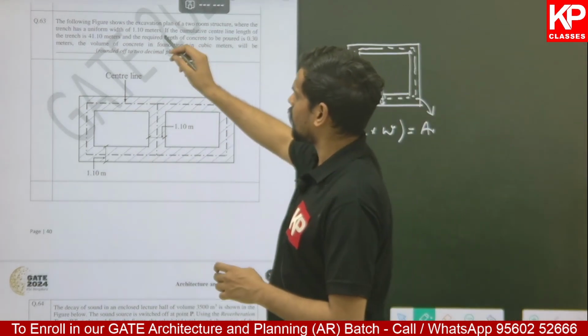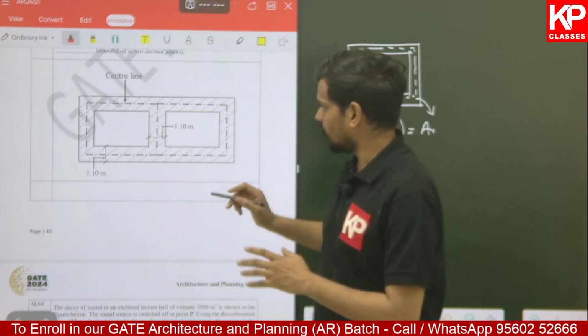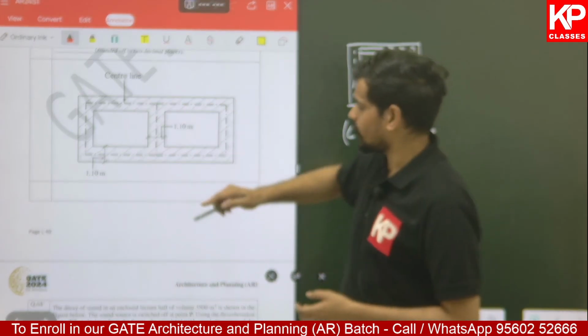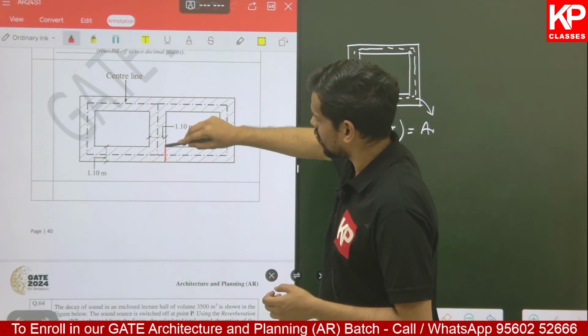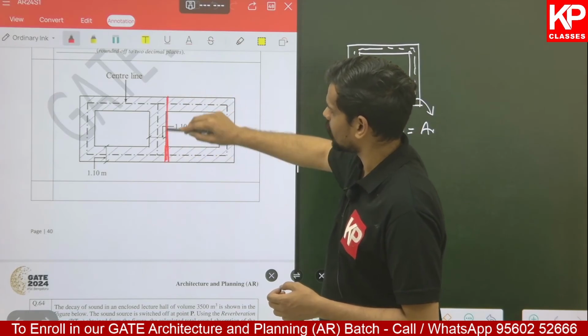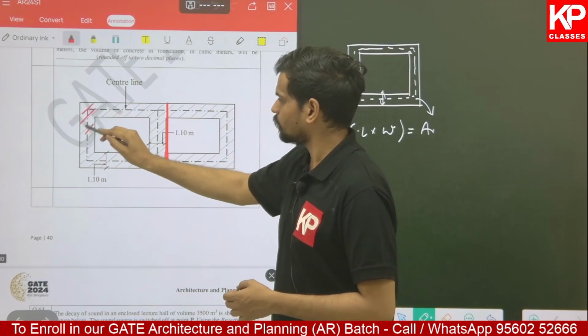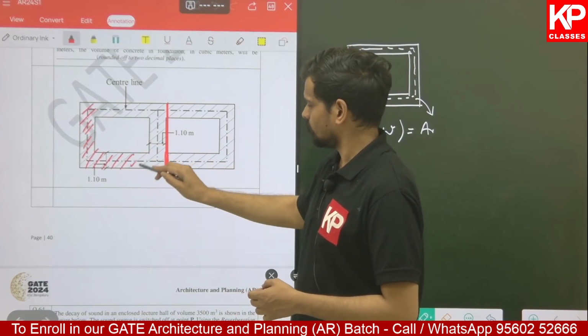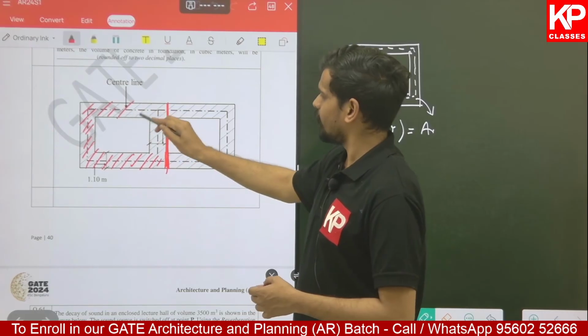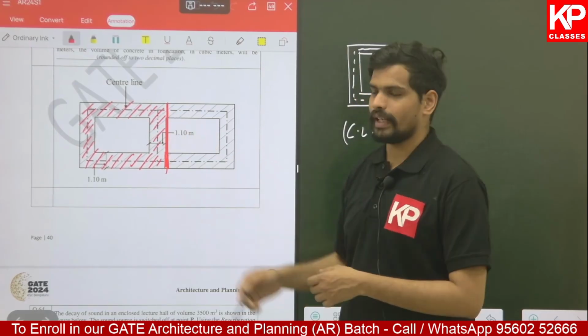So if you look into this given diagram clearly, let us say I will divide it into two rooms or two parts. For this part of the shaded portion, you can directly use the centerline method and find out this overall area.